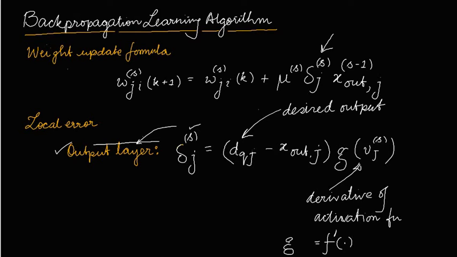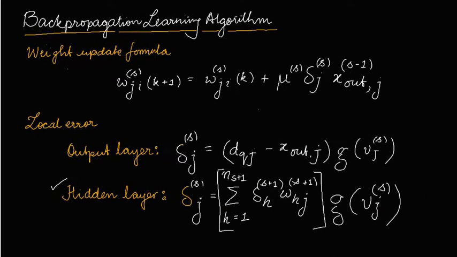If here we substitute vj, then this will be for that particular vj. So we first take the derivative and then evaluate it for a given vj. So this was about the output layer, how to evaluate the local error delta.